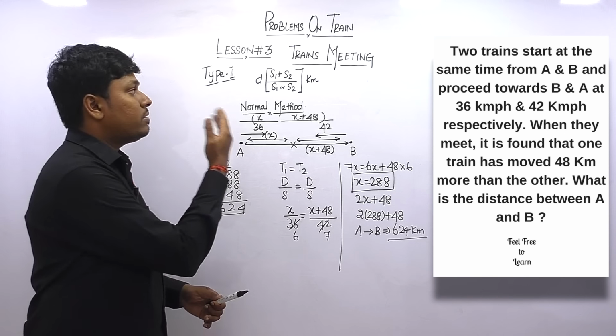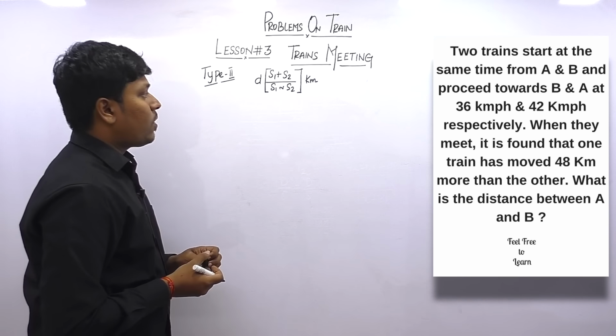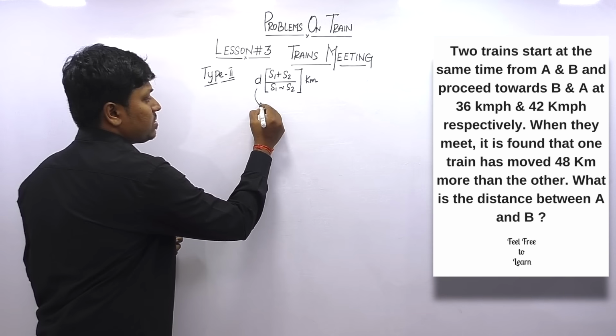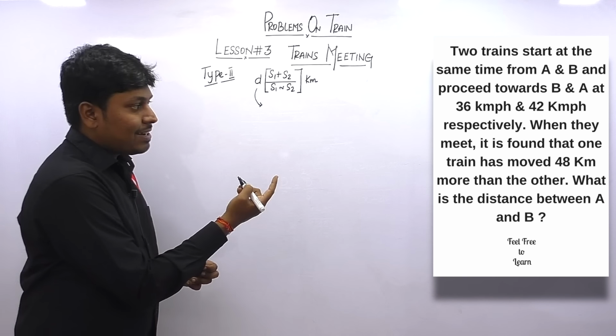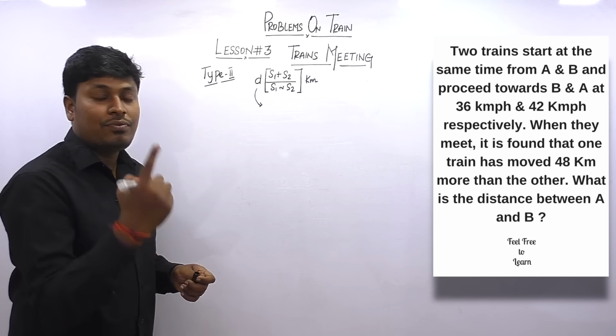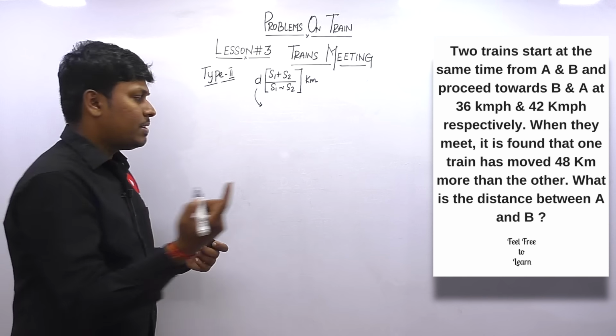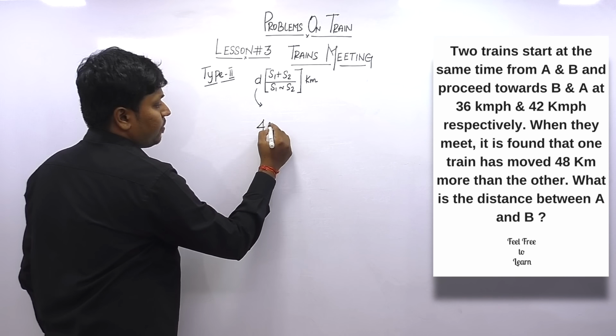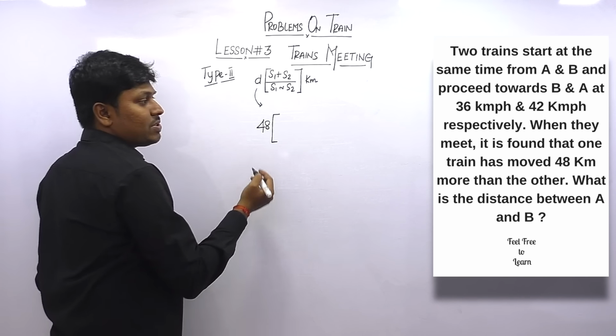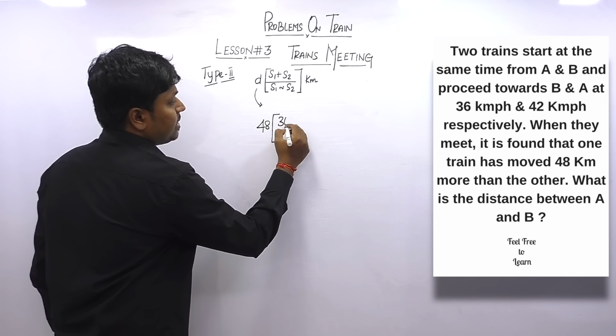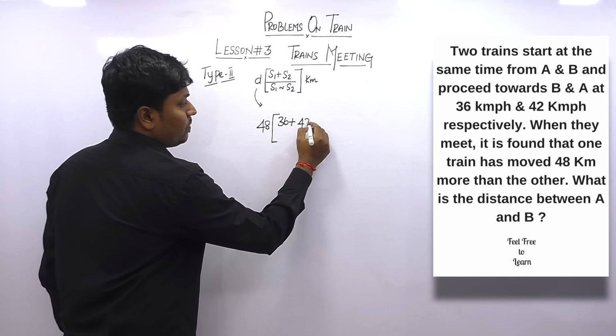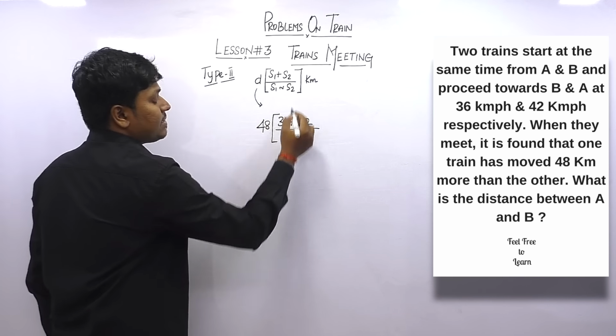Now let me move on to the formula method. Right? So the value of D is most important. In the question they have directly given, when they meet, one train covers 48 km more than the other. So we can say that the value of D will be 48, and S1, S2 are also directly given in the question. 36 will be speed 1, 42 will be speed 2, divided by the difference of 36 and 42.